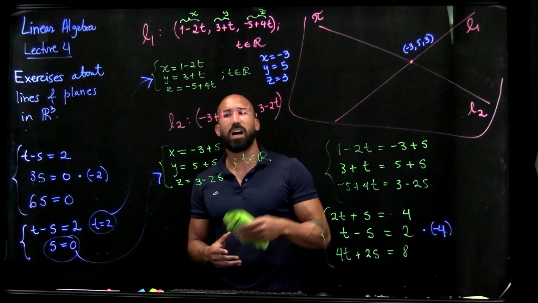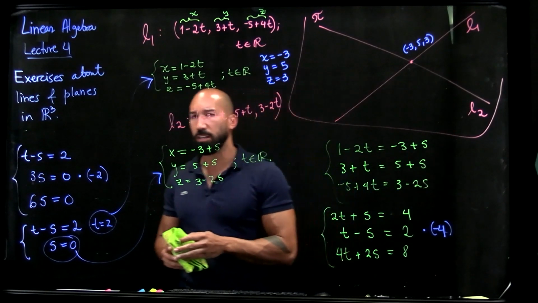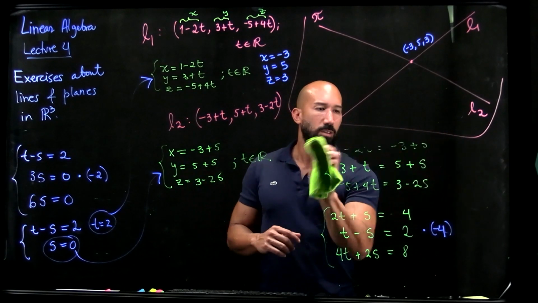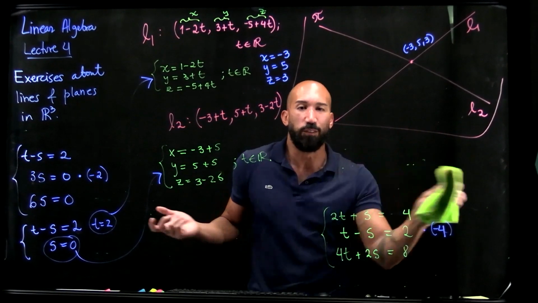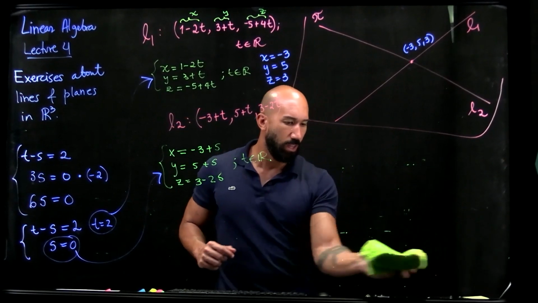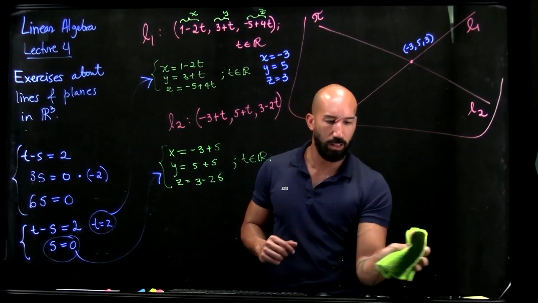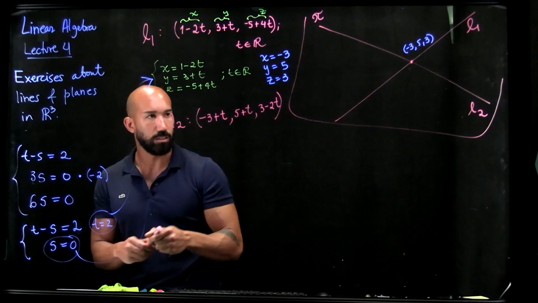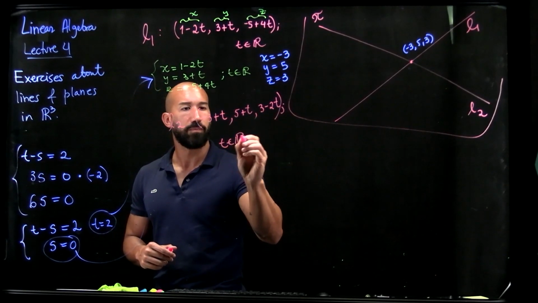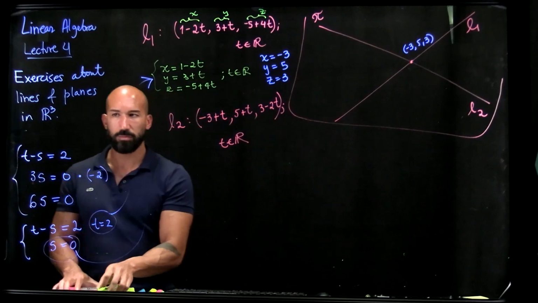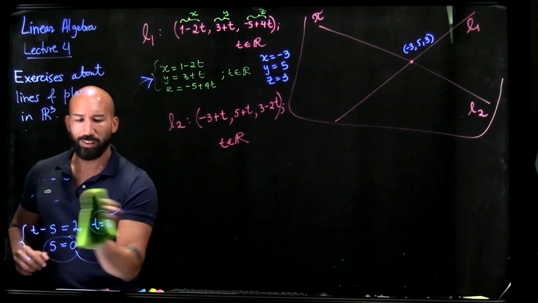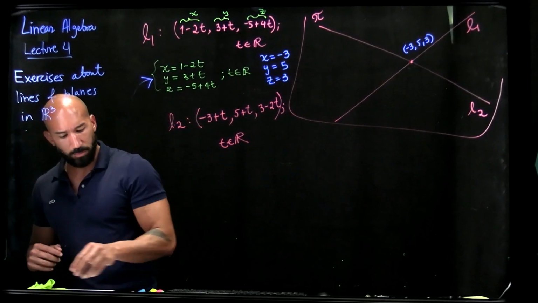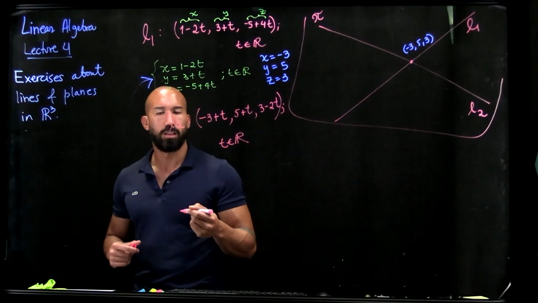What else did I say? We said that we have a plane pi containing these two lines. Okay? What do I want now? What is the problem? Because so far everything is information. Well, again here t is a real parameter. And what I'm going to say is, find or describe the plane pi using a parametric equation.